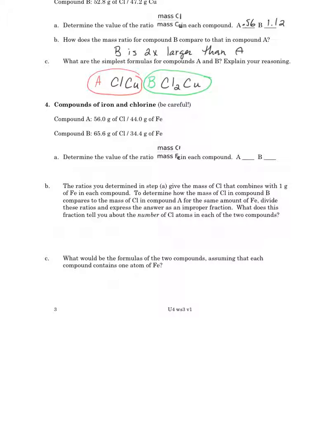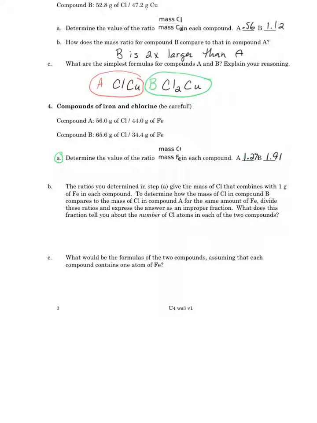All right, go ahead and fill in question 4A, get the answer for the mass ratio. Now that I've got the mass ratios for chlorine to iron, part B says the ratio you determined in step A gives the mass of chlorine that combines with 1 gram of iron in each compound.